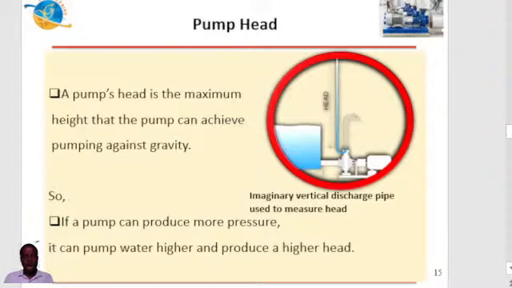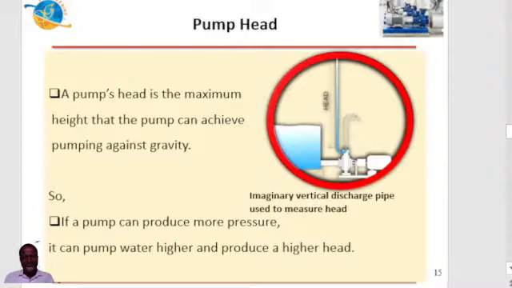What do you think will happen? As long as the pump is running, it will move the fluid to a certain height measured in meters. That height to which the pump can raise the water is called the pump head.